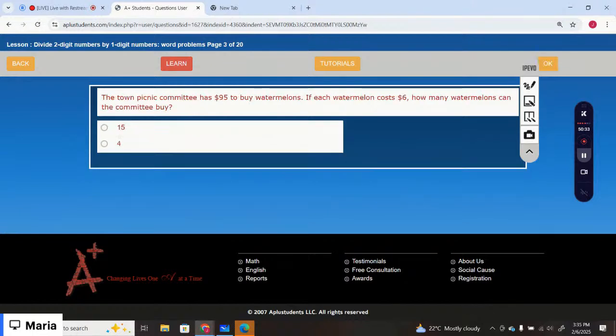The town picnic committee has $95 to buy watermelons. If each watermelon costs $6, how many watermelons can the committee buy? Which is the correct option?